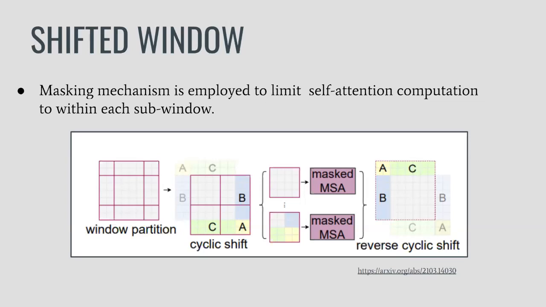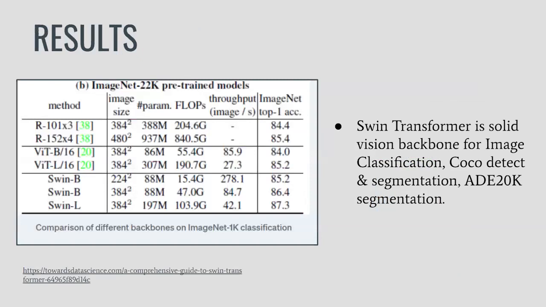This is somewhat a basic idea of what a Swin transformer architecture looks like, but it would be great to see what the results of the Swin transformer are in today's world. Talking about results, these are a few of the results of Swin transformer.